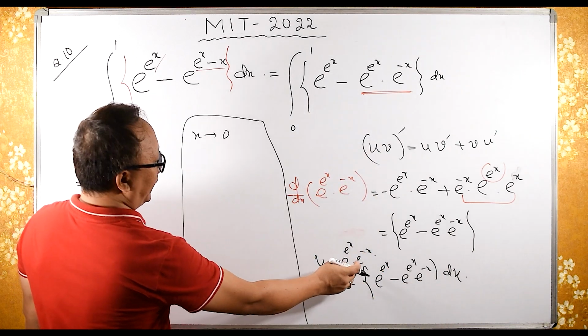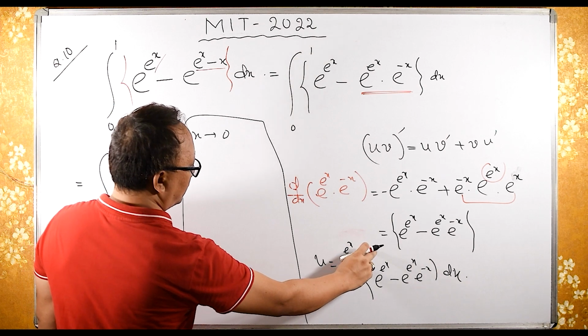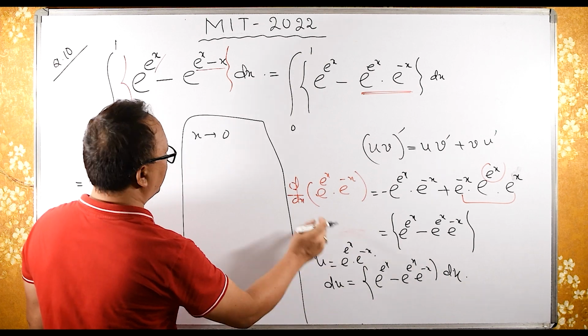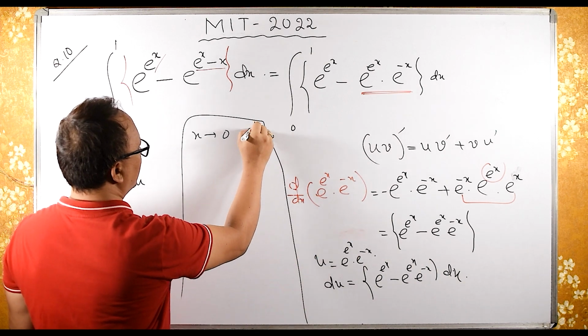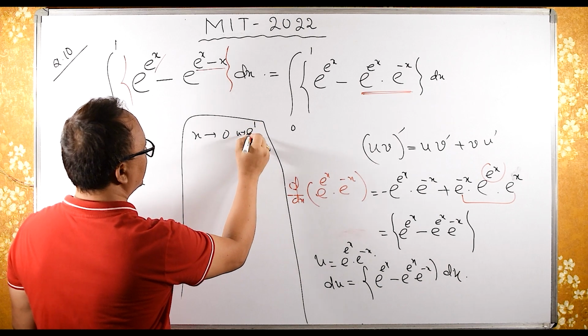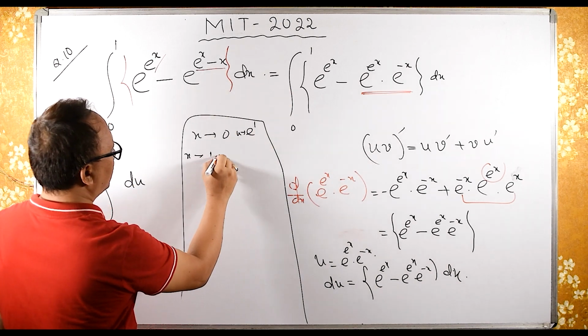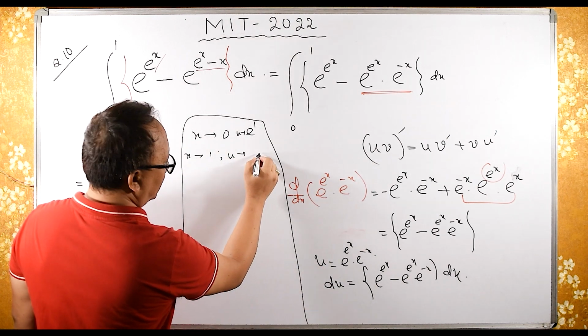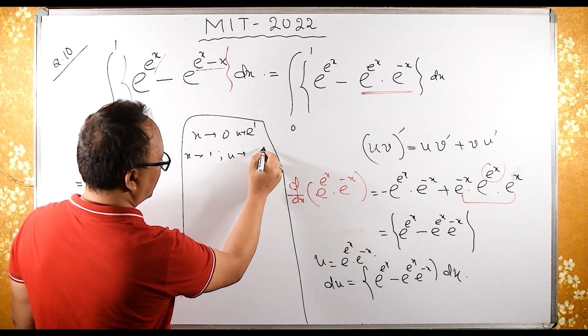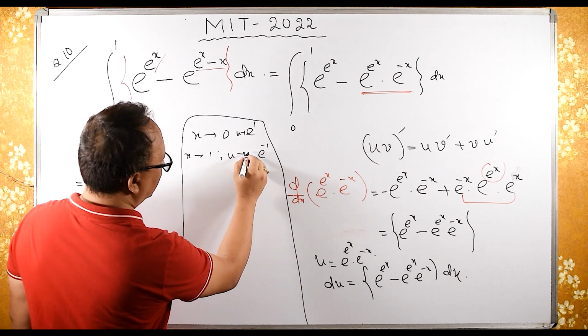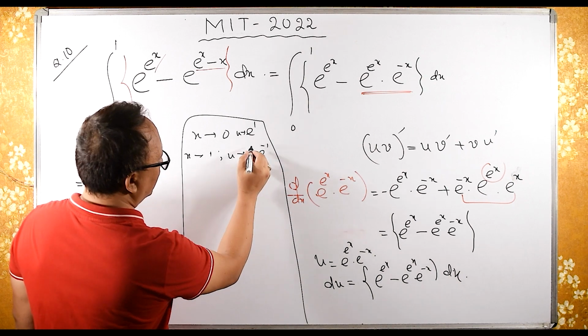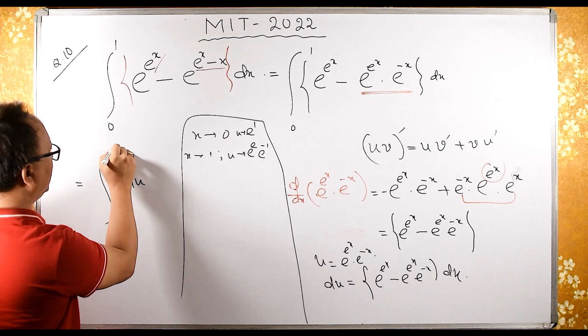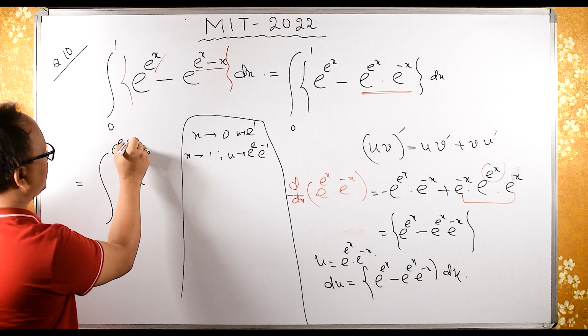When x tends to 0, this becomes 1, as well as e raised to 0 is 1, therefore we'll have only e raised to 1. Now u tends to this. When x tends to 1, then u tends to e raised to e, e raised to minus 1.